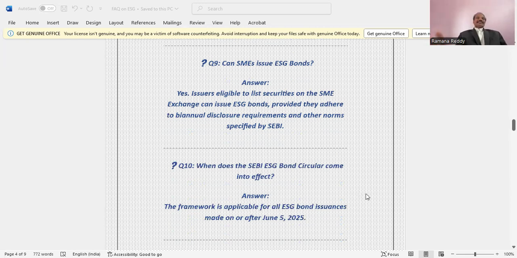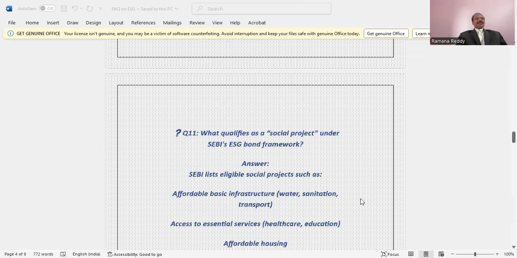When does this SEBI circular come into effect? Because this is a very recent circular, the framework is applicable for all ESG bond issuances made on or after 5th June 2025, very latest. What qualifies as a social project under SEBI's ESG Bond Framework?